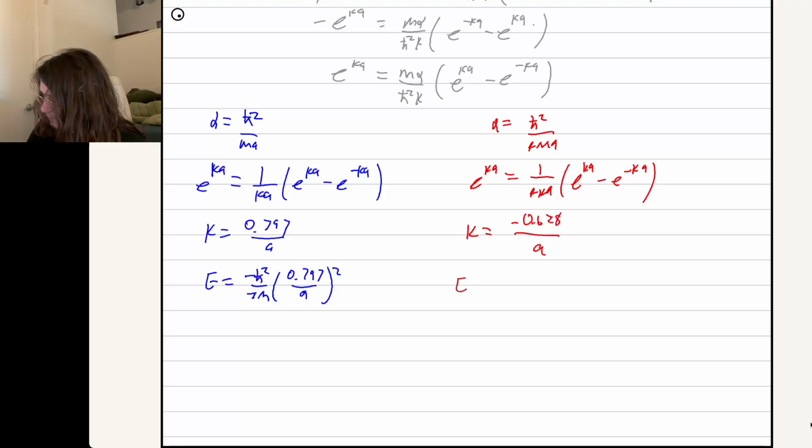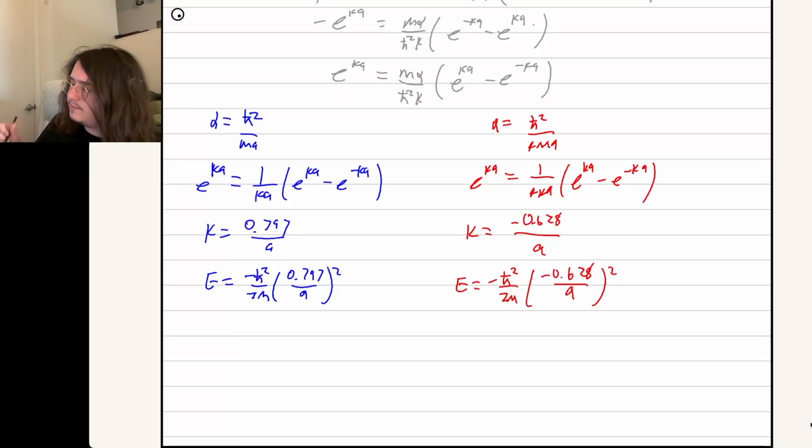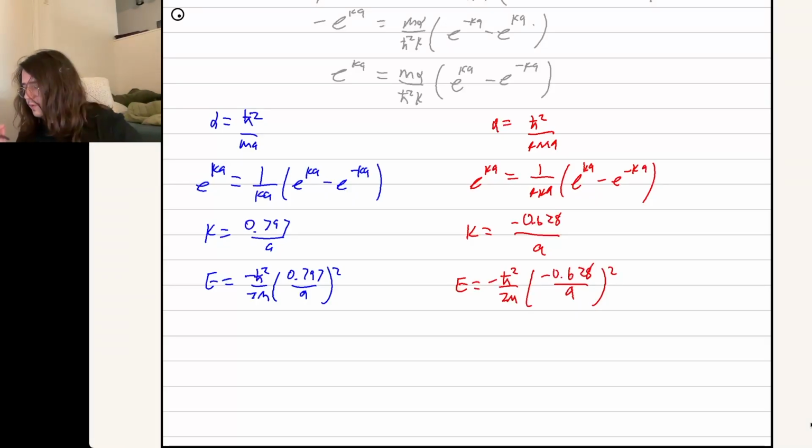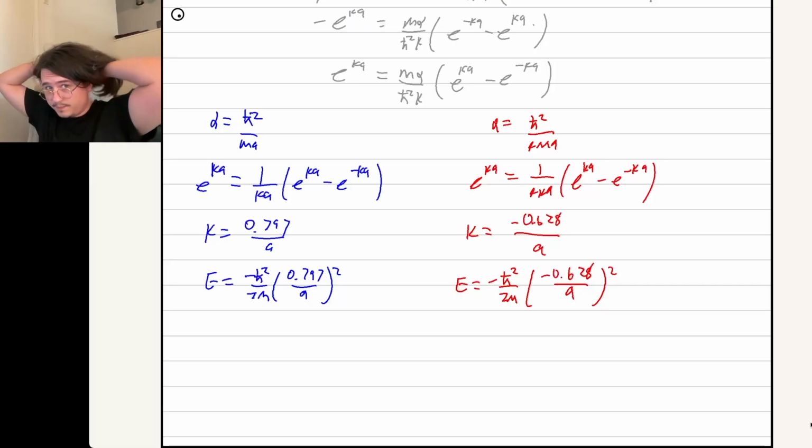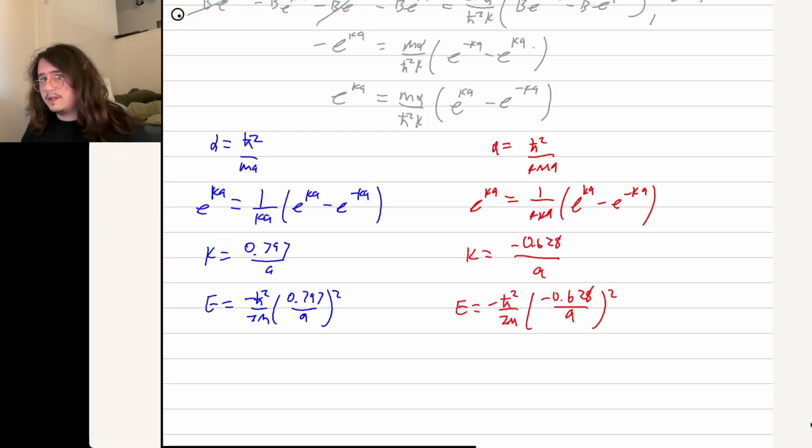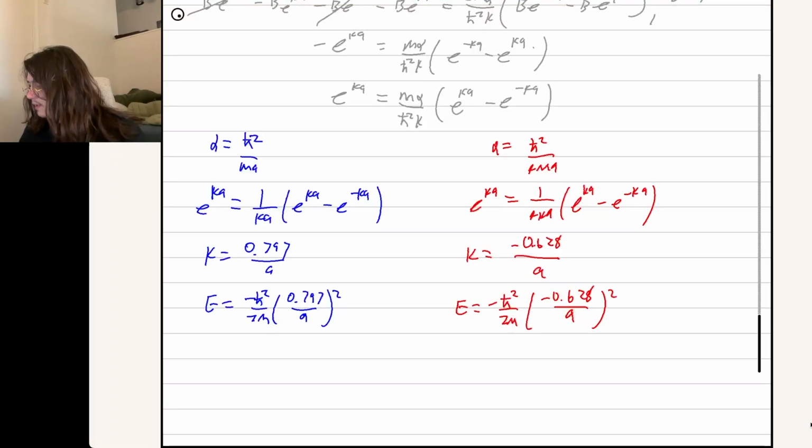And so e will be minus h bar squared over 2m times minus 0.628 over a, all squared. Notice that even though we found a negative wave number, we still have a negative energy, which is the basis of the solutions we're looking for. So we're all cool there.